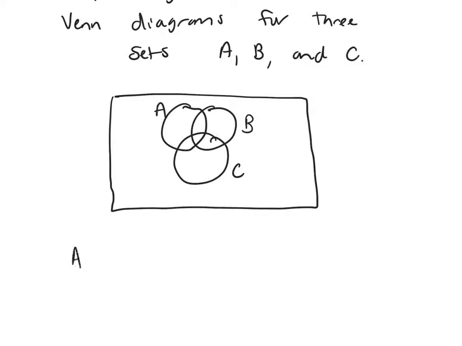So for example, A union B union C. If I looked at the Venn diagram for that, it would shade in anything in the A circle, the B circle, or the C circle.